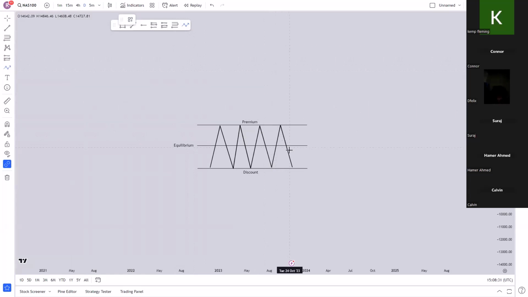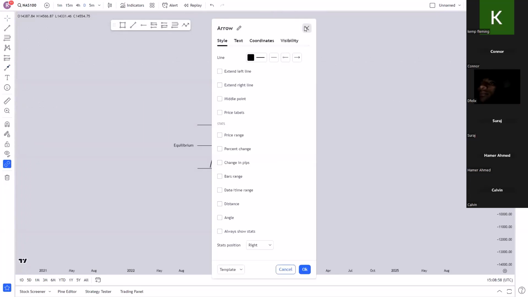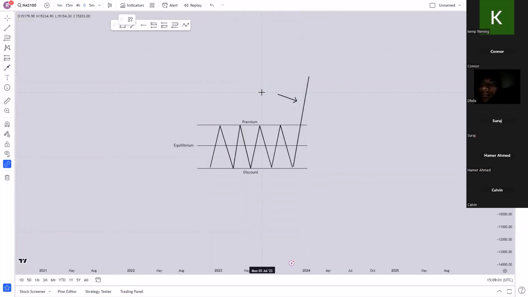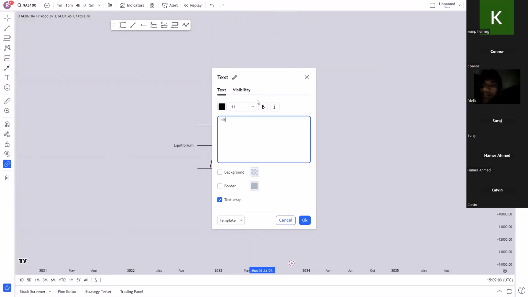Yeah, Matic is correct. So if demand was to overpower supply, sorry, we would see this. So that is what would happen if demand was to overpower supply. And then does anybody know what we are looking for next? Because if anybody remembers from the previous video, this here is called the initiation.